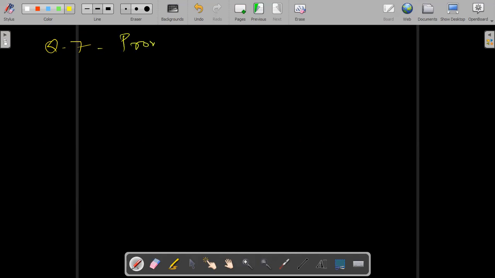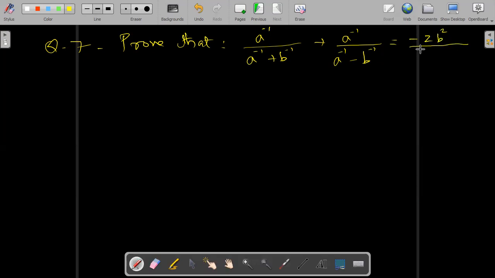Like prove that a raised to power minus 1 divided by a raised to power minus 1 plus b raised to power minus 1, plus a raised to power minus 1 divided by a raised to power minus 1 minus b raised to power minus 1, is equal to minus 2b square divided by a square minus b square.